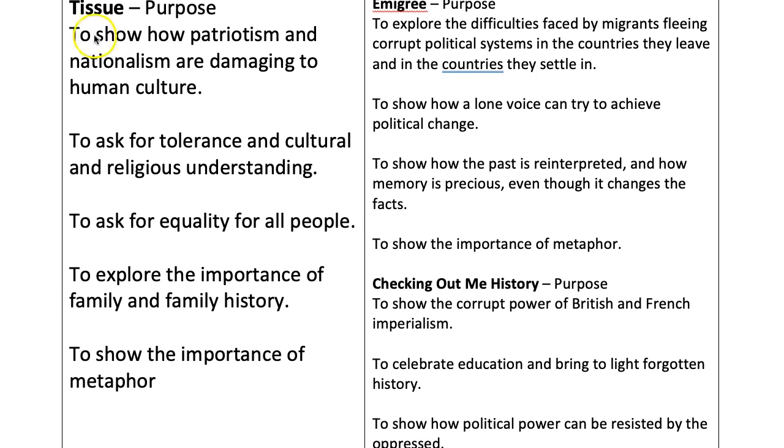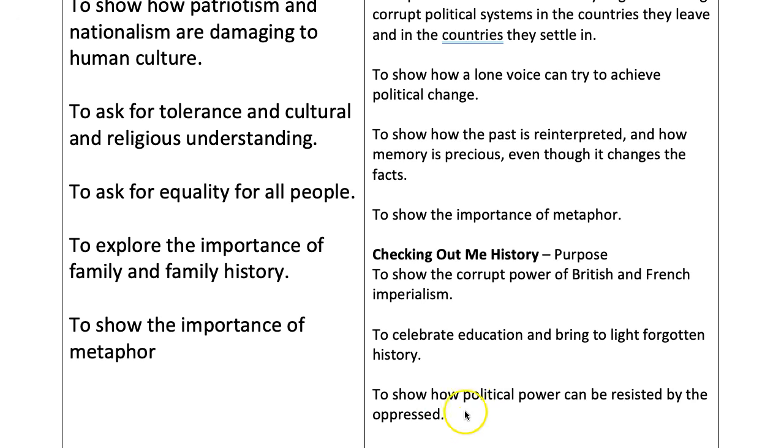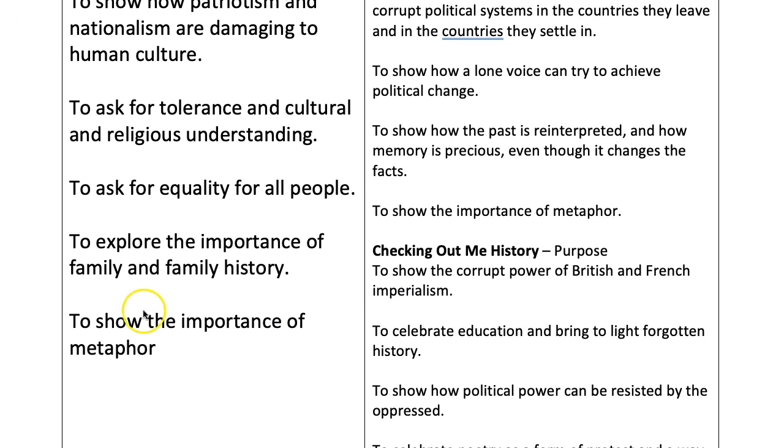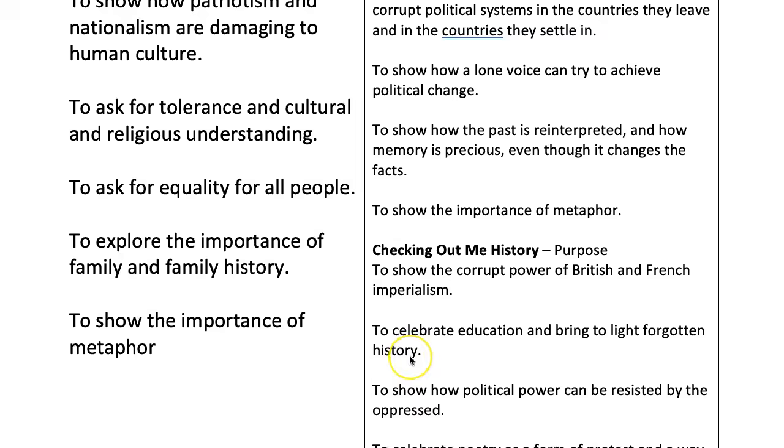She's trying to educate both sides who might fear each other because they come from different cultures to say that actually we're a lot more similar than we think. And to show how political power can be resisted by the oppressed. There isn't an obvious comparison there, so we'd say that was a difference.